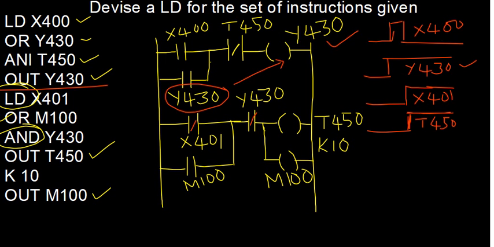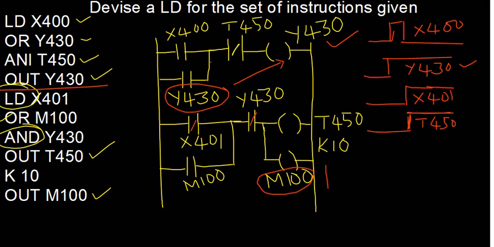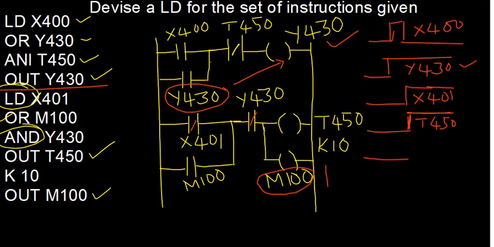So your M100 is activated here only. M100 is getting activated. So because M100 is getting activated, whether your X401 remains activated or not, that does not make any difference.